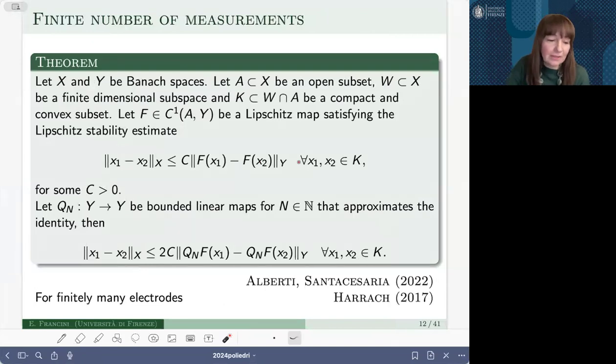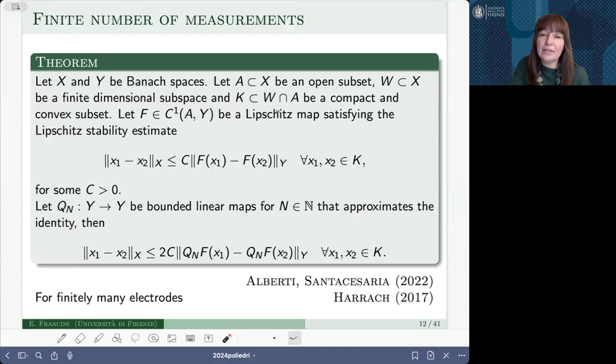I was telling you that even if all the results that we get are given in terms of the Dirichlet-Neumann map, this result can be somehow translated to the case of a finite number of measurements, thanks to a result that has been recently proven by Alberti and Santacesaria.